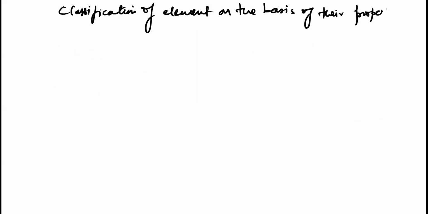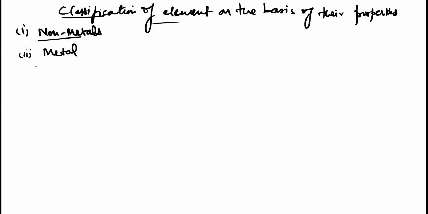We have divided the table elements into three parts. One is metals, the second is non-metals, and the last one is metalloids. Metalloids are the elements that have chemical properties of both metals and non-metals. Got it?